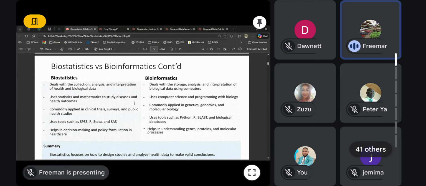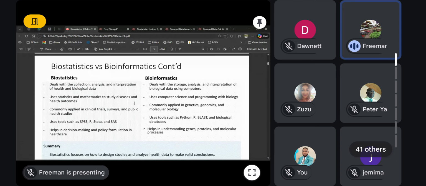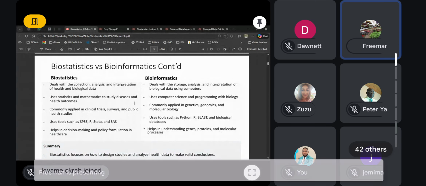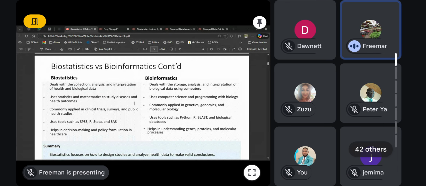Here it is commonly applied in clinical trials, surveys, and public health studies. Here, biology is still the bedrock, under which we have genetics and genomics. Here, biostats: SPSS, R, Stata, SAS, etc. Bioinformatics, the big one, we talked about already.